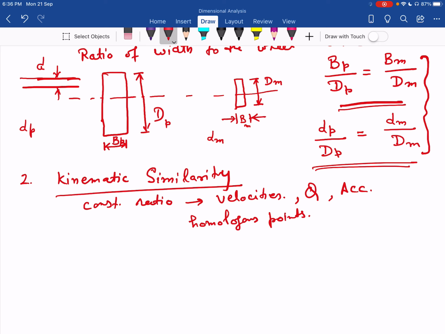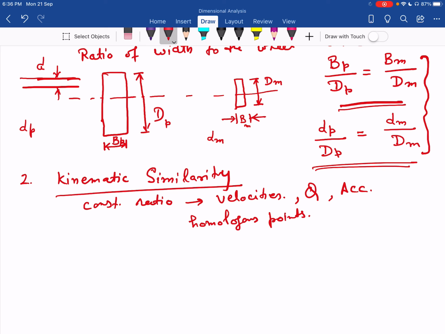That gives us the direction of motion of water. So those directions we also keep constant for kinematic similarity of turbines and pumps. The directions of motion should be the same in model and prototype.